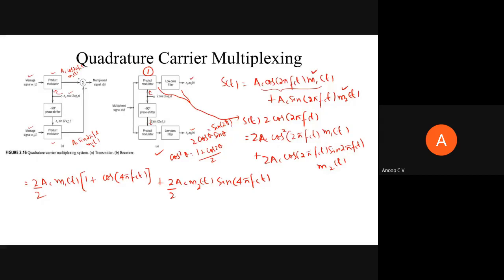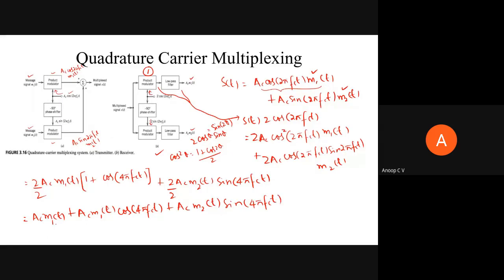Yes, right. So now this is fed to a low pass filter. So maybe I can write it as AC times m1 of t, plus AC times m1 of t times cos 4 pi fct, plus AC times m2 of t times sine 4 pi fct, right?